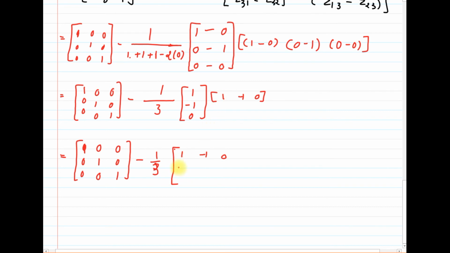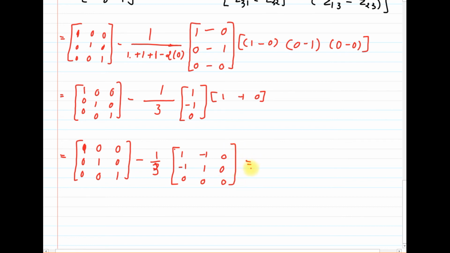Using this one, which is, yes, 1 minus 1 into 1 which is minus 1, minus minus plus 1, the 0, and using this 0 all the elements will become 0.